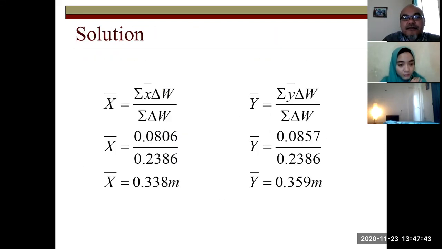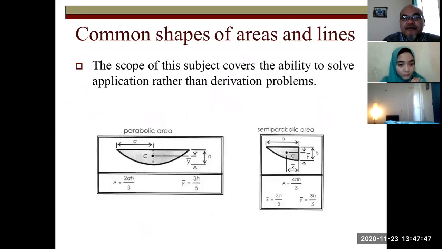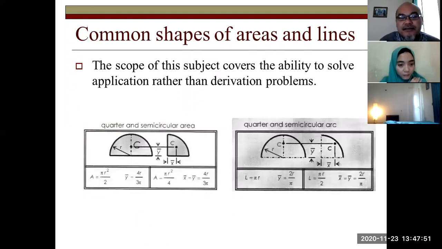So if we look for the common shape formula for a semicircular arc, the center of gravity x-coordinate is at the middle, while the y-coordinate is located 2r over pi from the middle line.